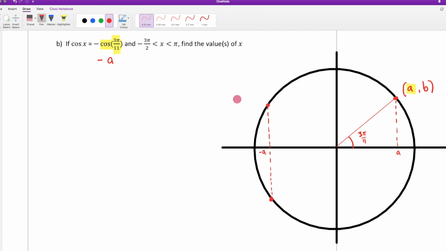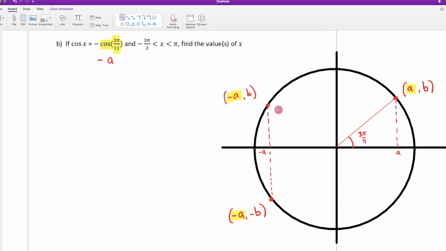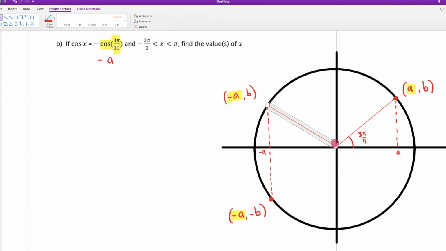So this point is going to be negative A, negative B, but we don't care about this negative B, we just care about these negative A's. That's what we're after. So let me draw in some lines from here to here, and draw in another line from here to here. Perfect.